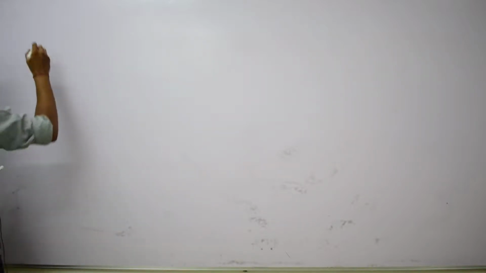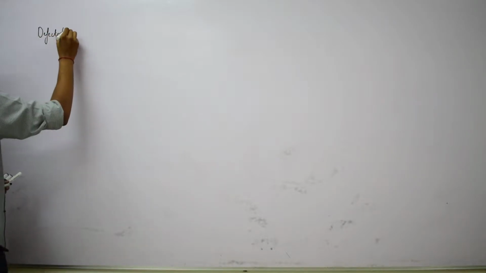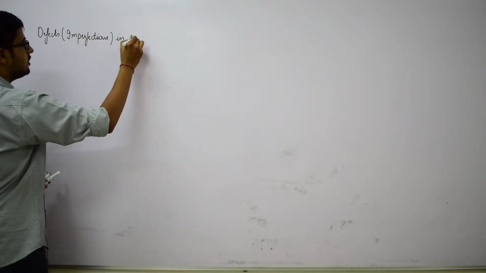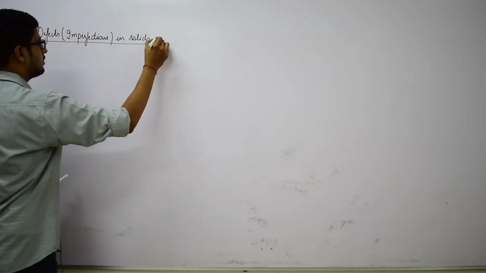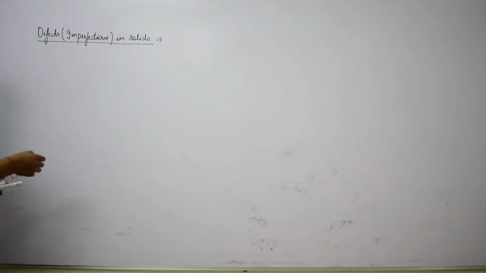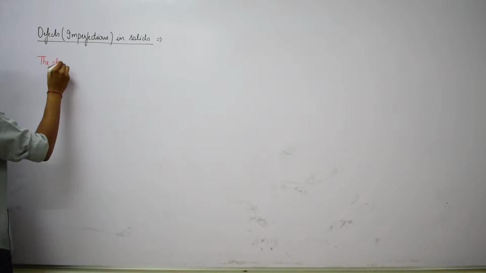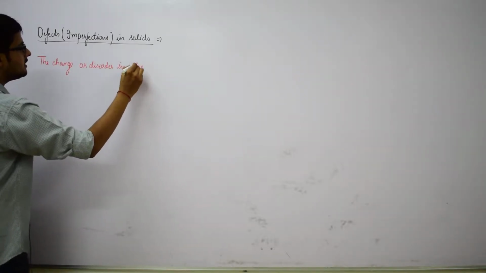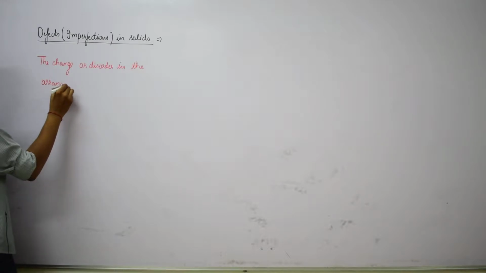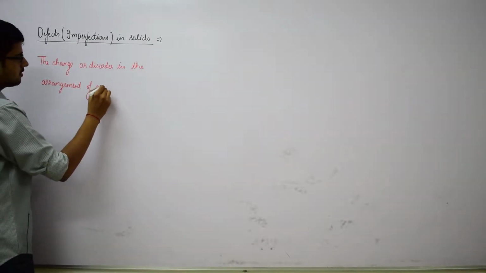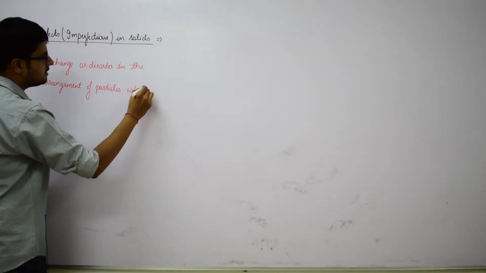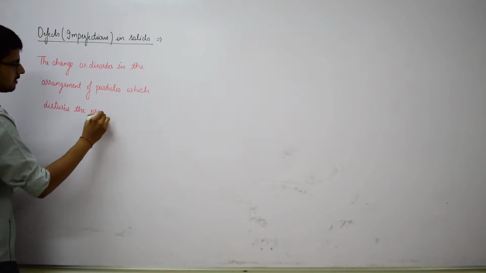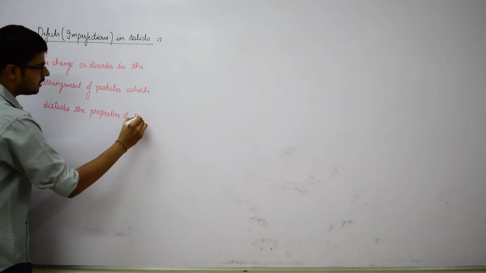What do we mean by defects or imperfections in solids? It means the change or disorder in the arrangement of particles which disturbs the properties of the solids.